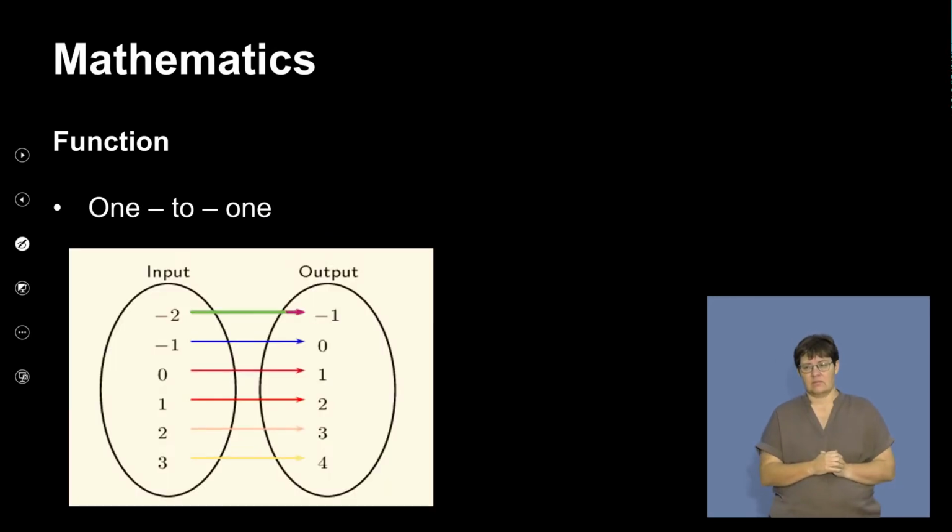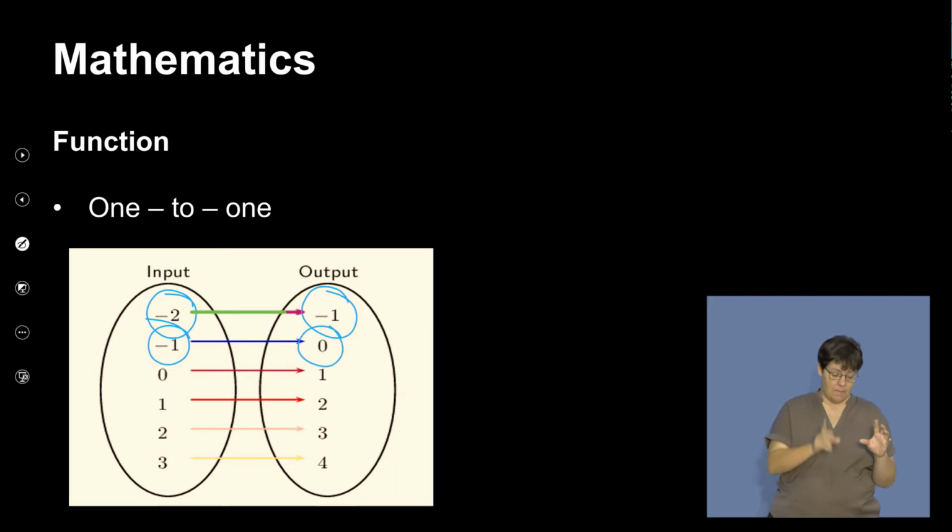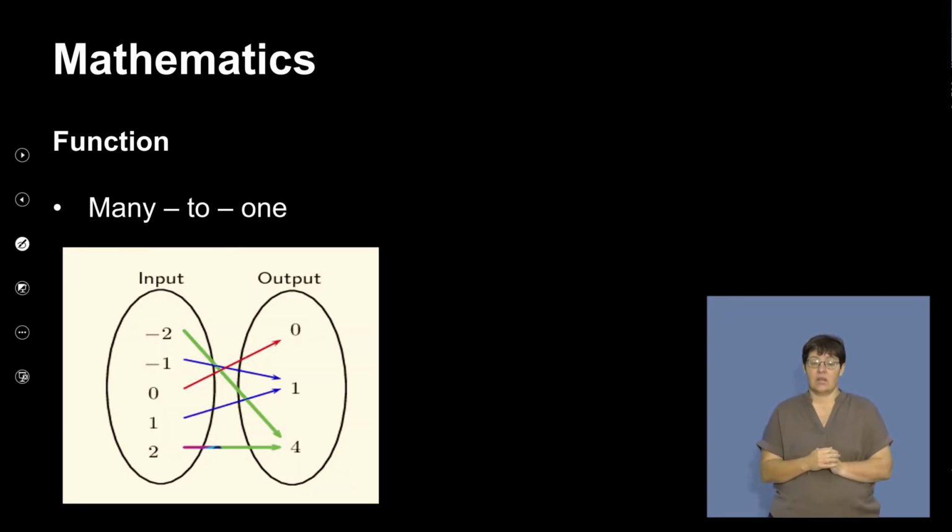Now, graphically, or rather for you to see the numbers, if it's a one-to-one, it means every one input value has only one output value. Every one input has one output value continuously. When it's a many-to-one, the first input value is -2. It gives me 4, right? But also 2 also gives me 4.